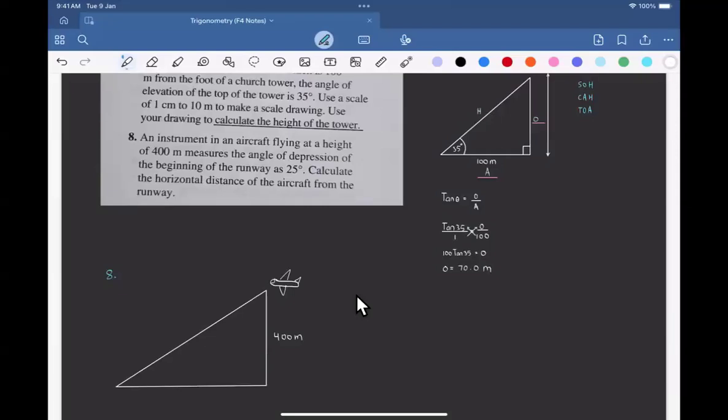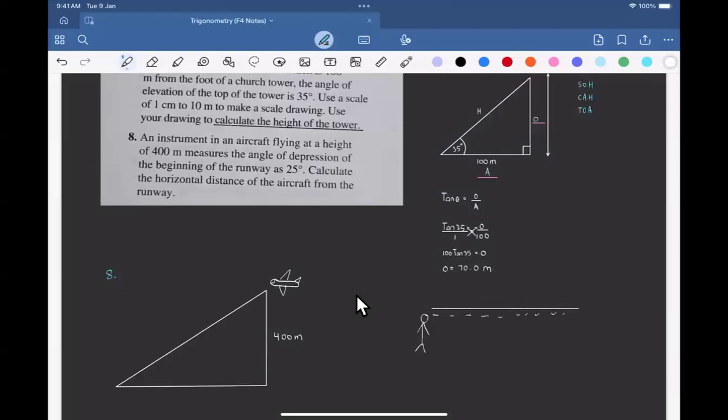So before you do anything, just remember what elevation is. Elevation is when you look up at something, and it is in reference to your horizontal line. So elevation is up, and depression is down.